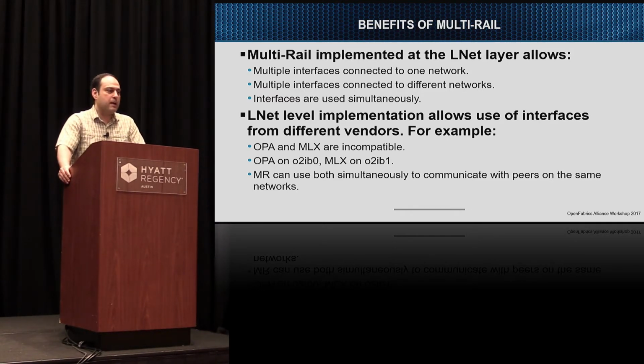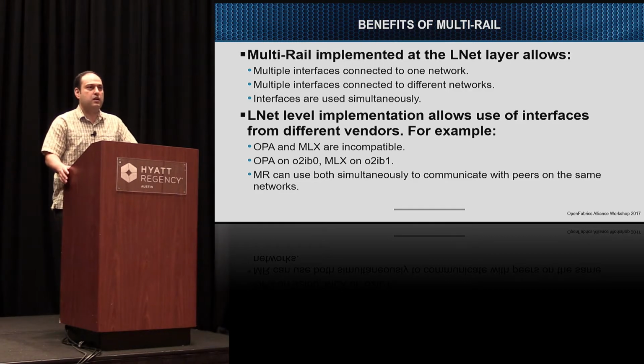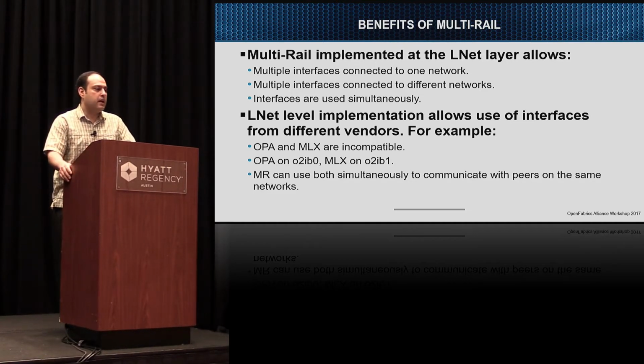If, for example, a peer lives on multiple networks and we can reach it on multiple networks, we can select the interface depending on a few criteria, including the NUMA criteria, the buffer that we're trying to RDMA, how close is it to the network interface, and how busy the network interface is. And the last criteria is if everything is equal, we'll do a round robin.